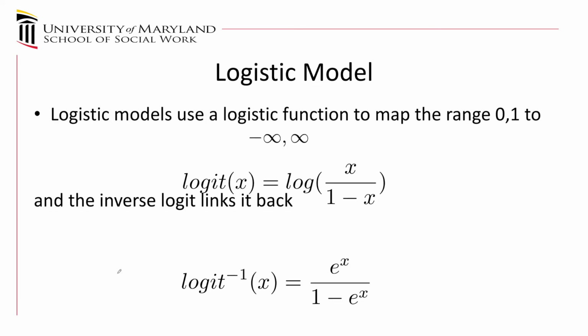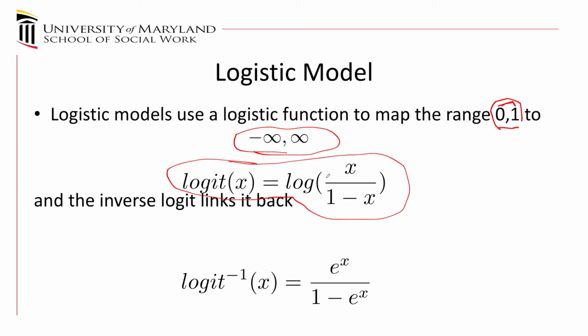We talked a little bit about the link function last time, but here's the link function as it works in logistic regression. Logistic models use a function to map the 0-1 bounded outcome variable to a positive and negative infinity scale, and you do that with the logit function. You take the log of x over 1 minus x.